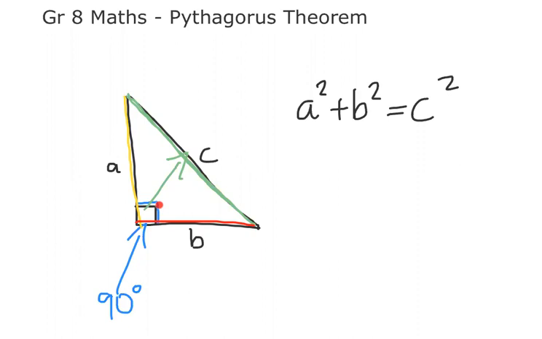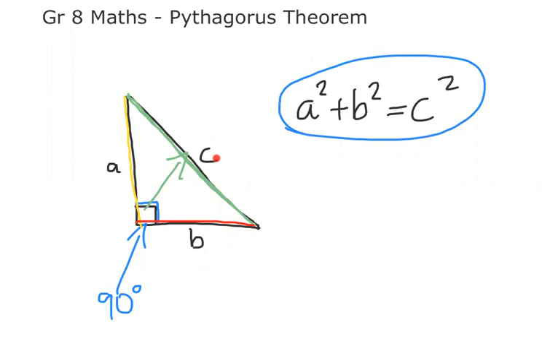If you have all of that, then this rule is what we can apply. That means side A squared plus side B squared equals C squared. It doesn't matter how you write it.